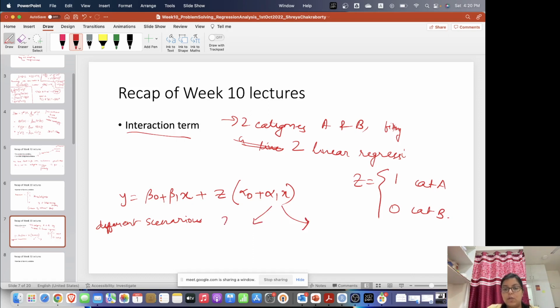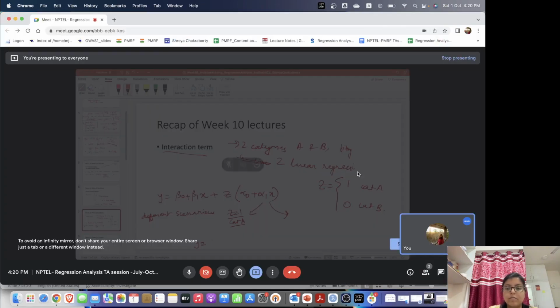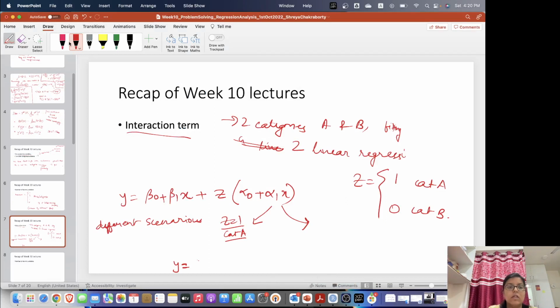So for z equal to 1, that is for category A, we would have a regression like y equal to beta naught plus alpha naught plus beta 1 plus alpha 1 times x, and for category B we would have y equal to beta naught plus beta 1 x.